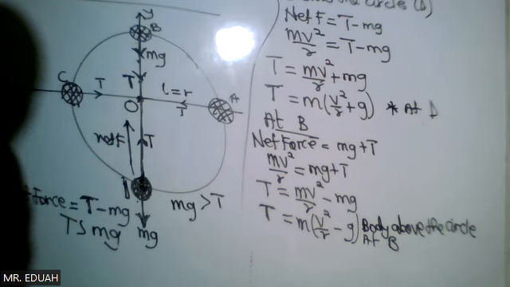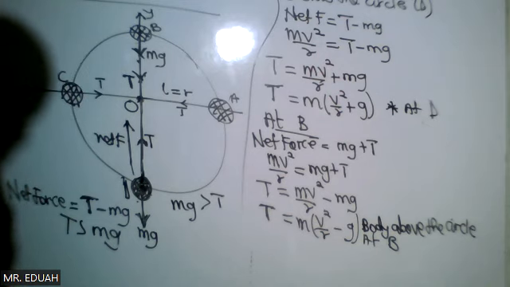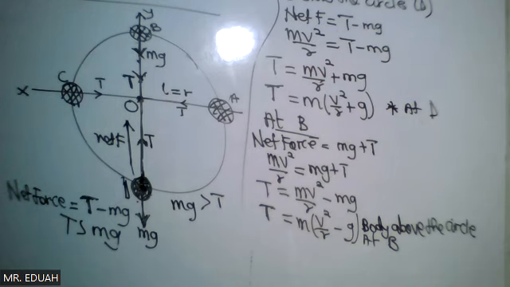Yes, Ekuya. Maximum is above and minimum is below. Why? Is that maximum is above the circle, meaning at B, and minimum is below at D? Ekuya, why? At D, the net force is greater.